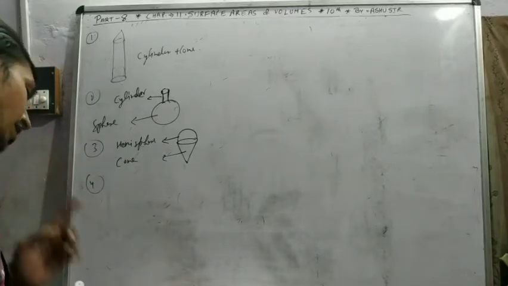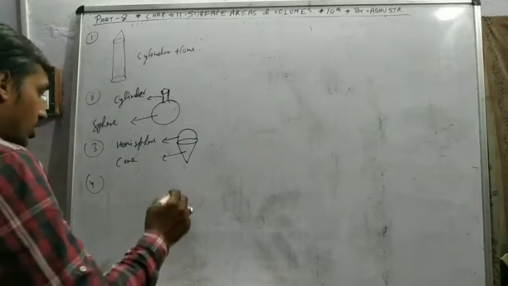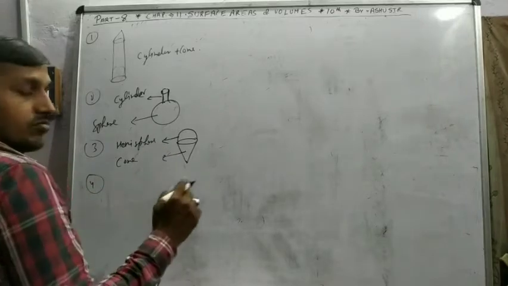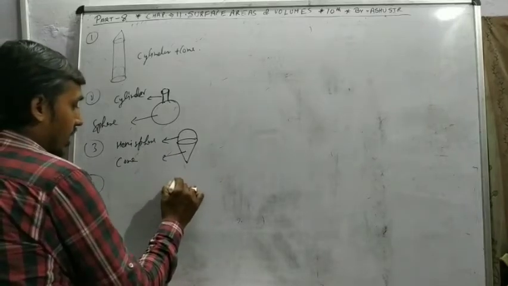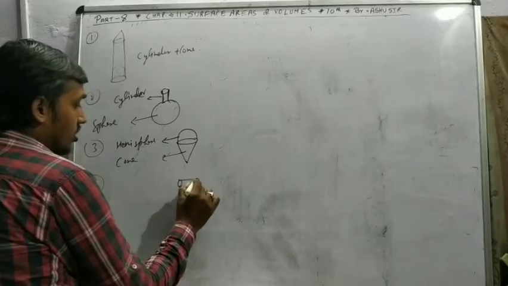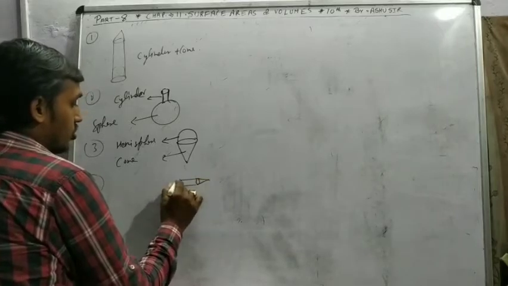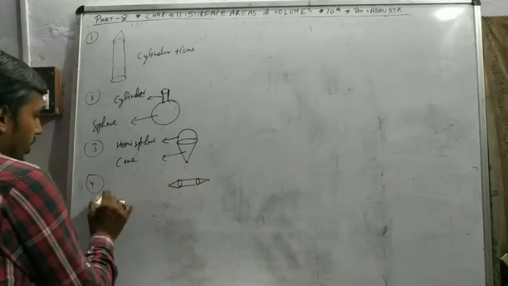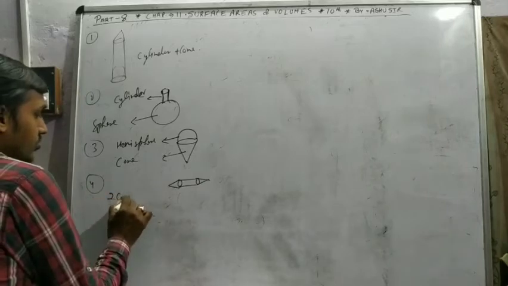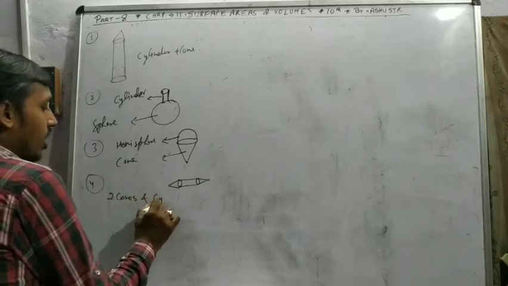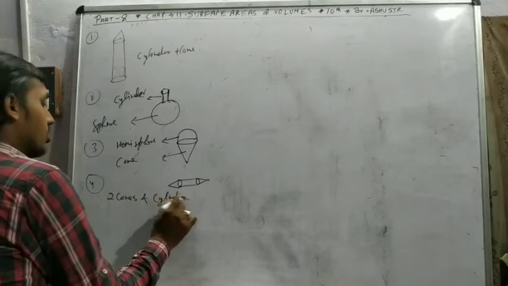The shape of a gilli. In the village, some students are playing gilli, not in the city, just like this. So it's a combination of two cones and a cylinder.